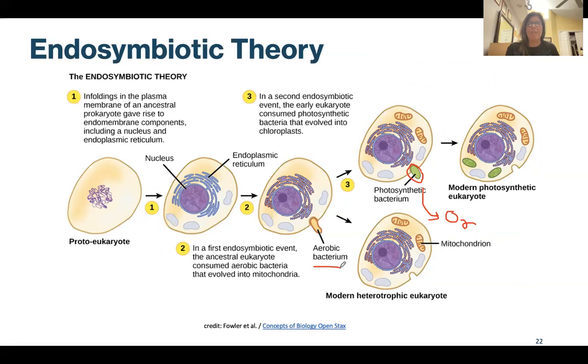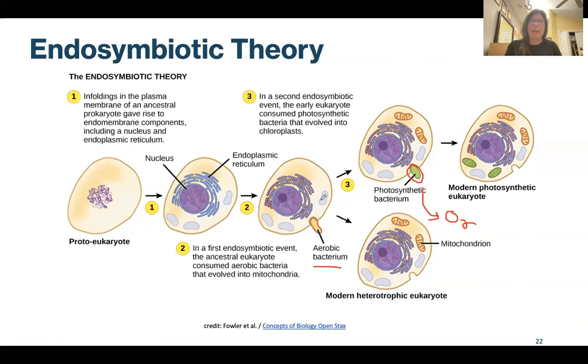Some were lucky enough to have an adaptation that not only let them do well, but they were able to take in oxygen and use it to burn sugar to make high amounts of ATP.